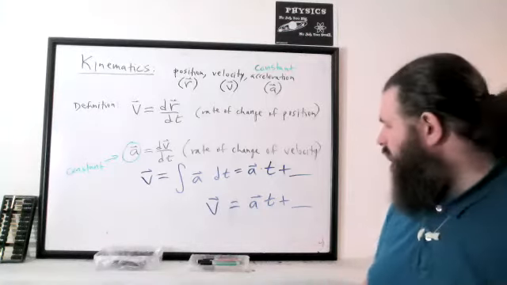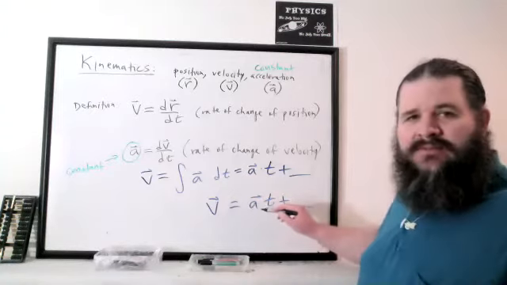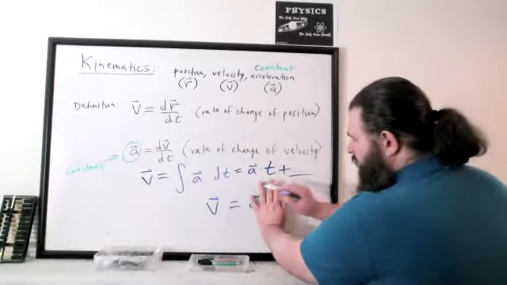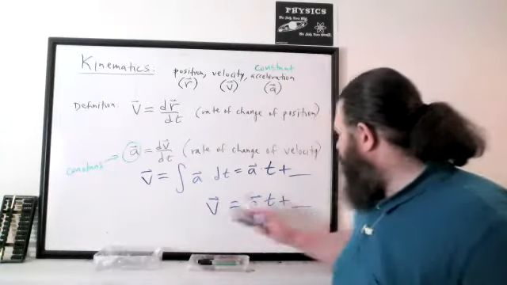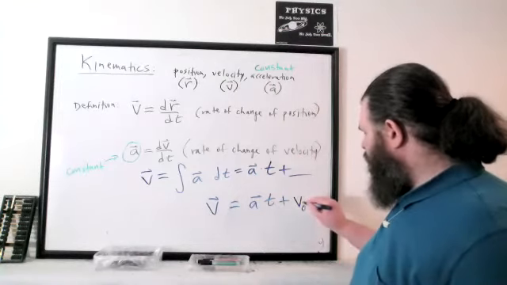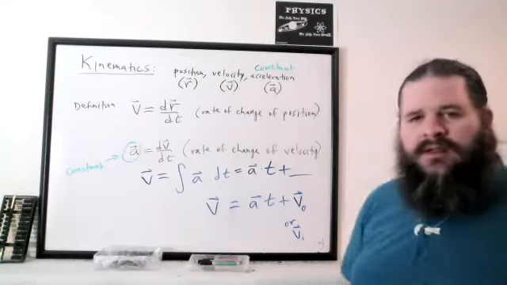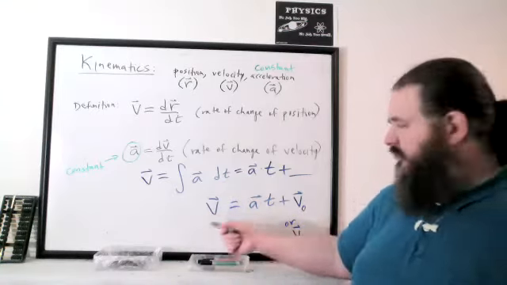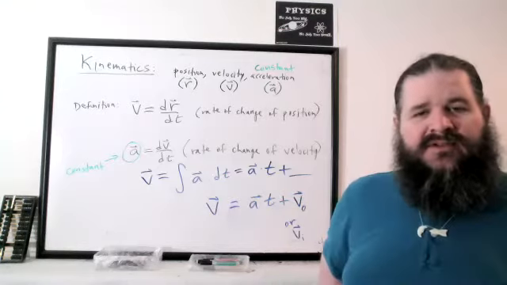Yeah, if we just plug in 0 for time, at time 0, we get velocity equals acceleration times 0. Acceleration times 0 is just 0. So this constant is the velocity, specifically the velocity at time 0. Usually it's called v sub 0, or you might call that v sub i for the initial velocity. So all this is really saying is the velocity after some time has passed is the starting velocity plus the acceleration times how much time has passed.